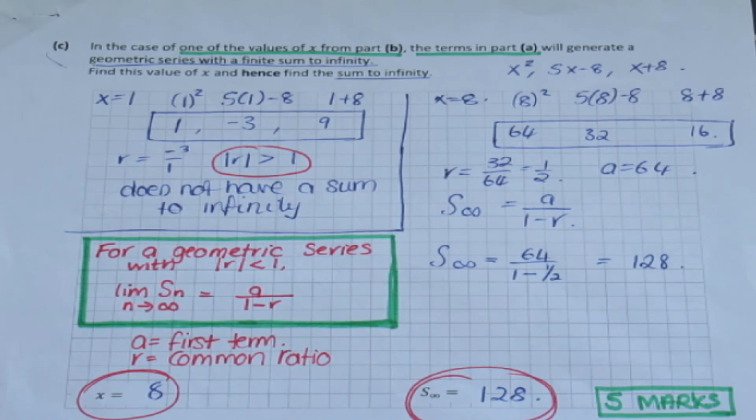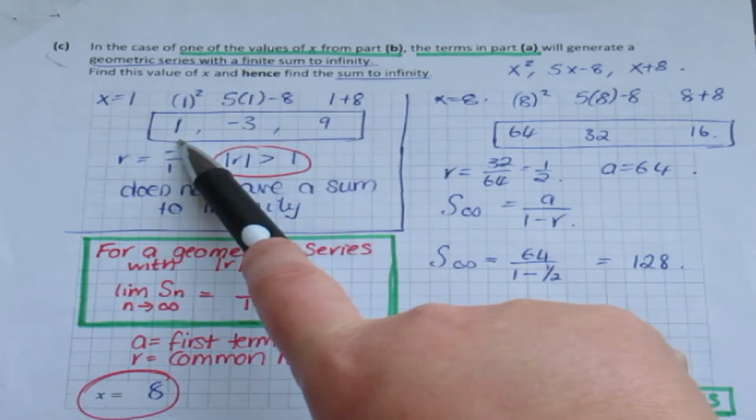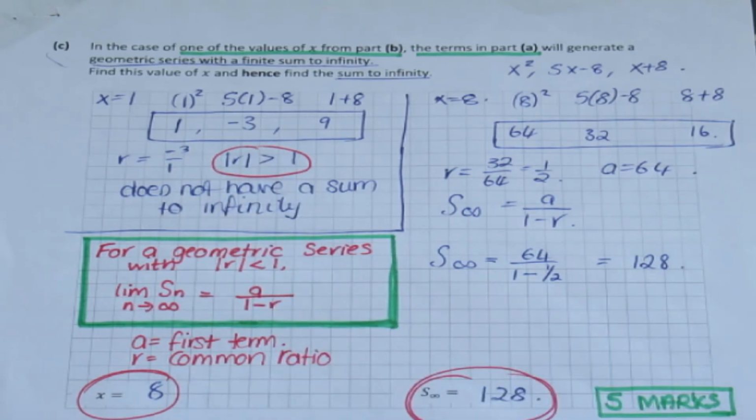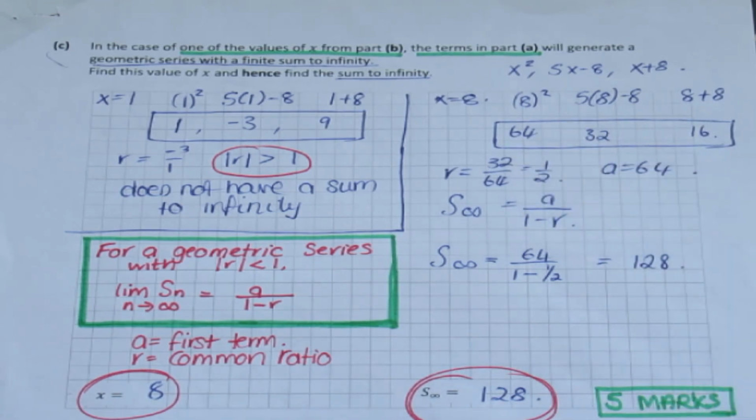I have actually found the exact terms of the sequence by subbing in x equal to 1 into the first three terms, and I find that 1, minus 3 and 9 are the first terms of that sequence. I did the same with 8. I subbed it in and I found that 64, 32 and 16 was another version that we could possibly have of a geometric sequence.